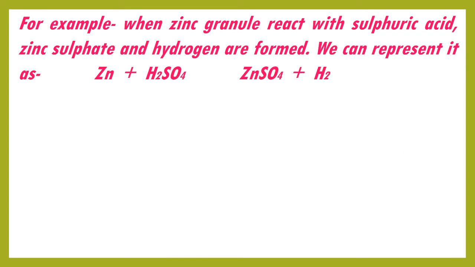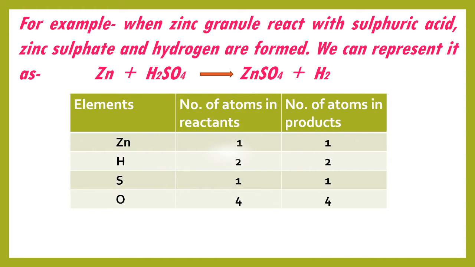For example, when zinc granules react with sulfuric acid, zinc sulfate and hydrogen are formed. We can represent it as Zn plus H2SO4 gives ZnSO4 plus H2. There are four elements used in this reaction, that are zinc, hydrogen, sulfur and oxygen.